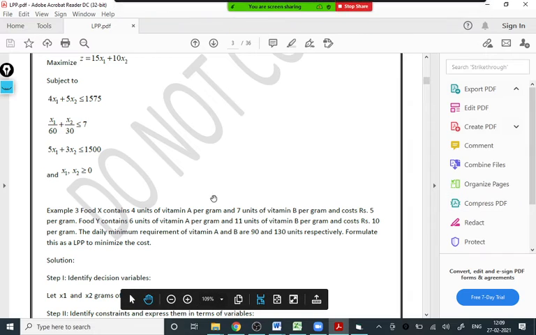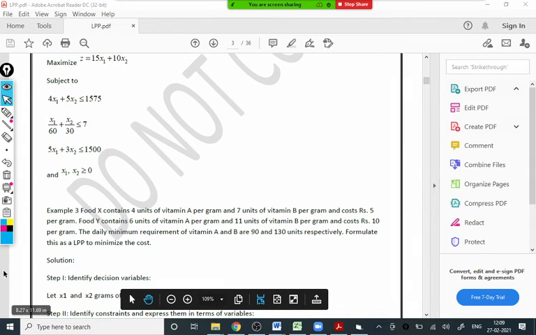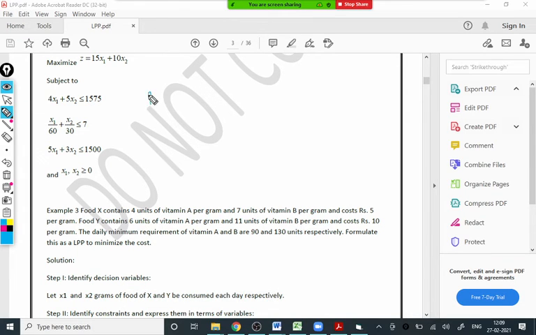Maximize or minimize? Minimize. Yes, the question is of minimize now. Minimize z, say 5x plus 10y. Okay, then subject to, what are the conditions?